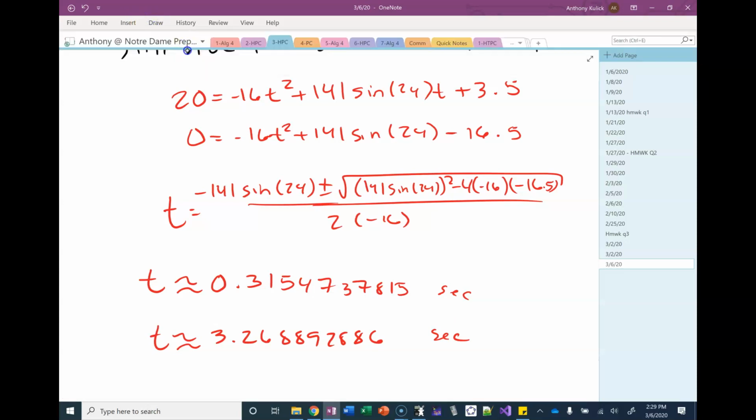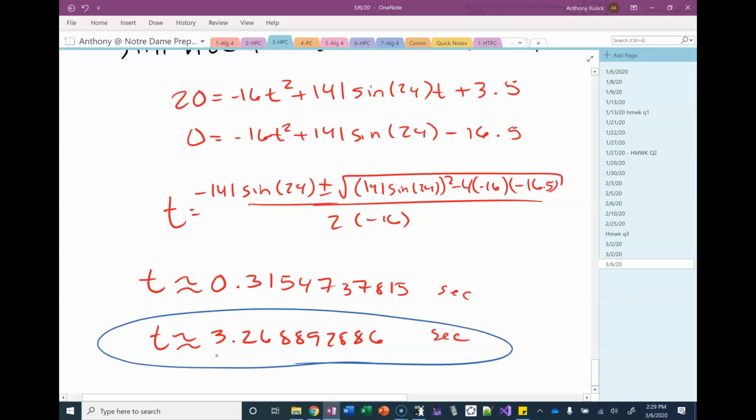Now, at first glance, both of these seem feasible, right? Because both the times are positive. Which one of these is the one that I want? The bigger one. Okay, why am I getting two answers here? What is this value of t representing?